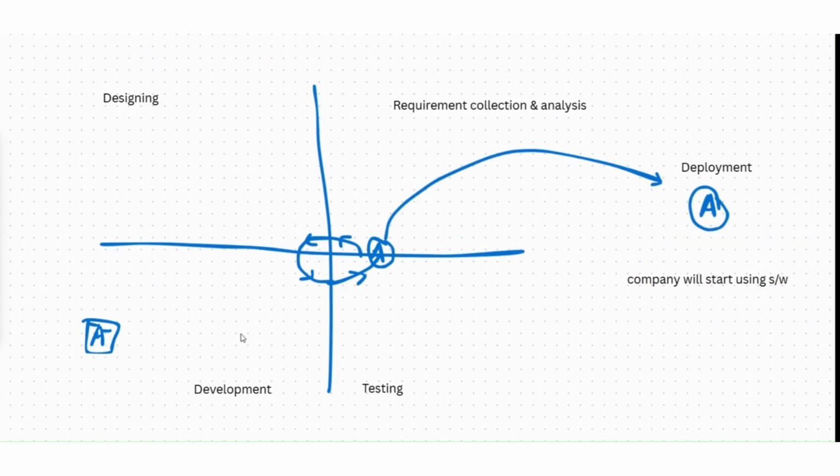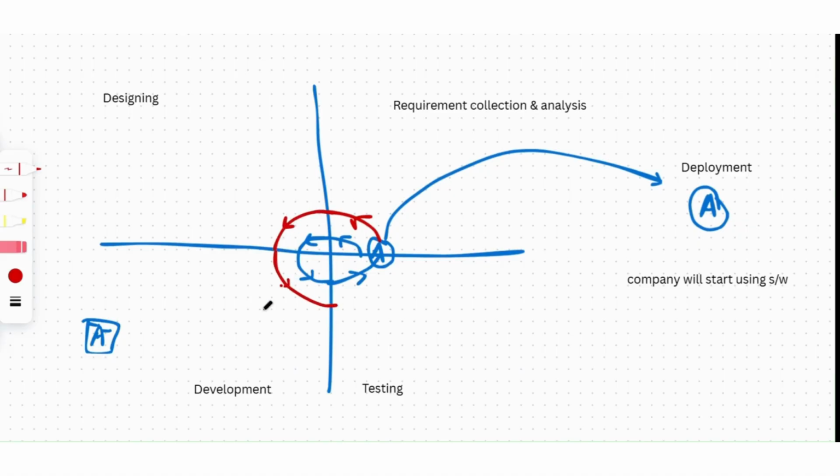After some time, the customer gives the new requirement for module B. Now again, the requirement collection and analysis for module B is done, and the designing of module B is done.